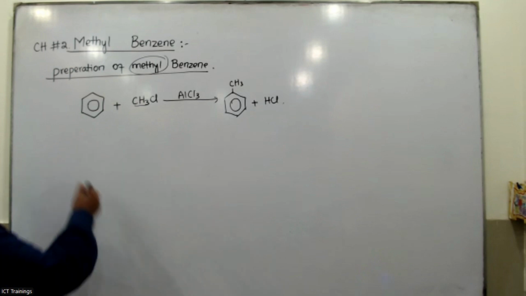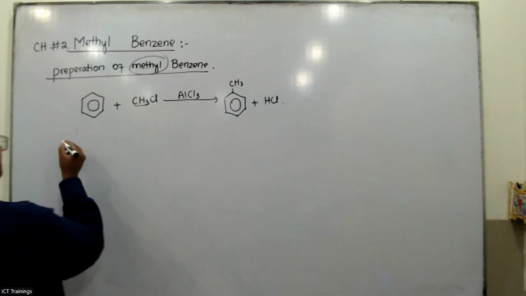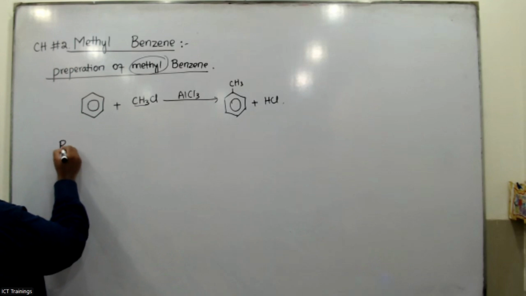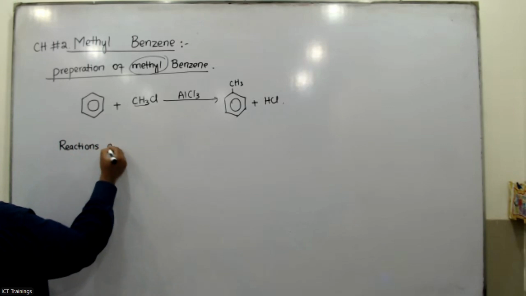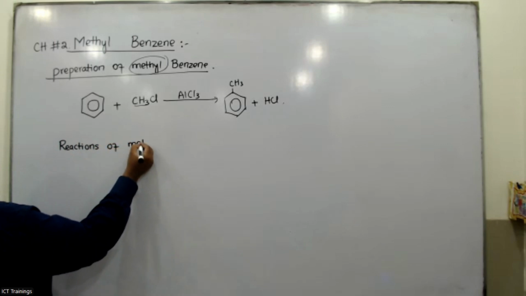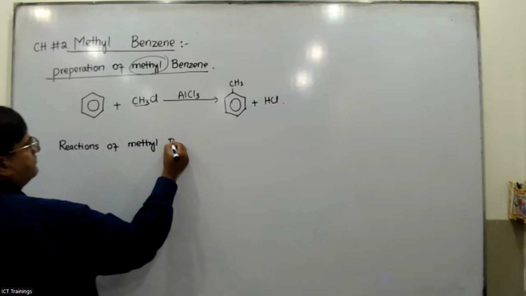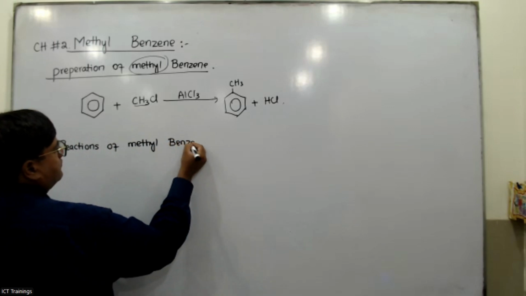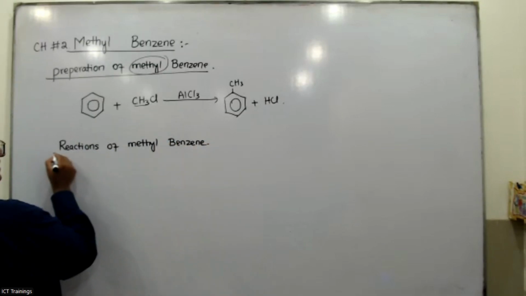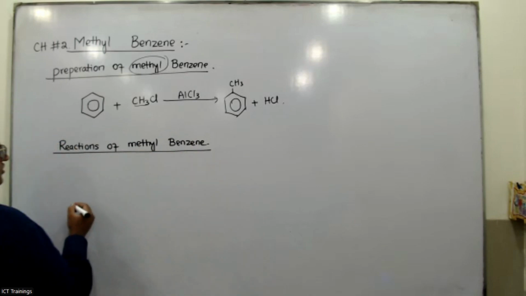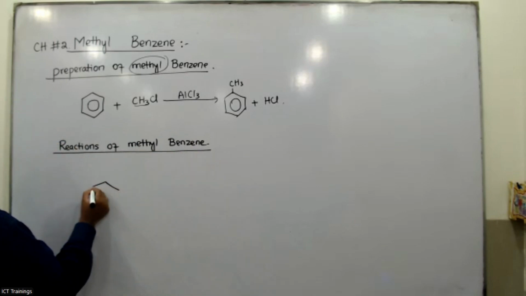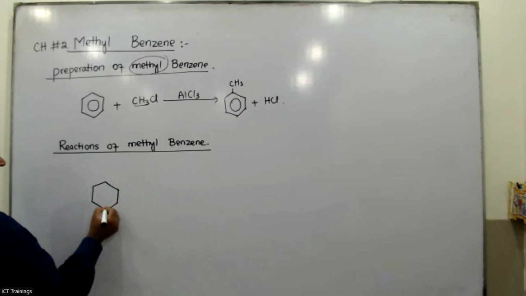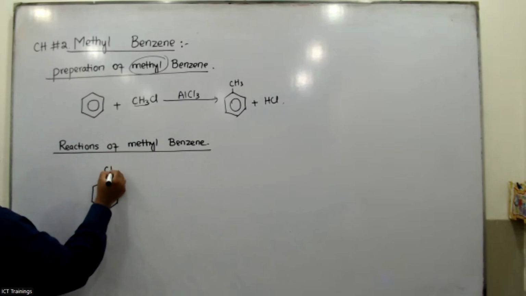Now, the next thing is the reactions of methyl benzene. Methyl benzene has two types of reactions. Have a look up here. This is the benzene, and this is the methyl group.